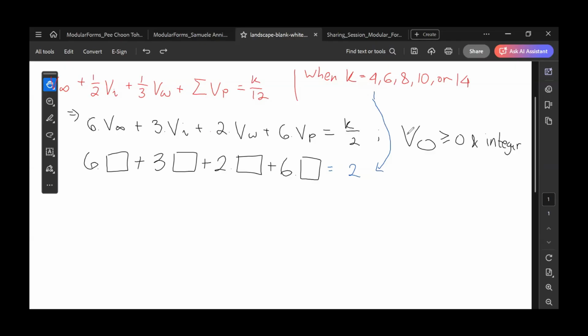How can we do this so that the sum is 2?